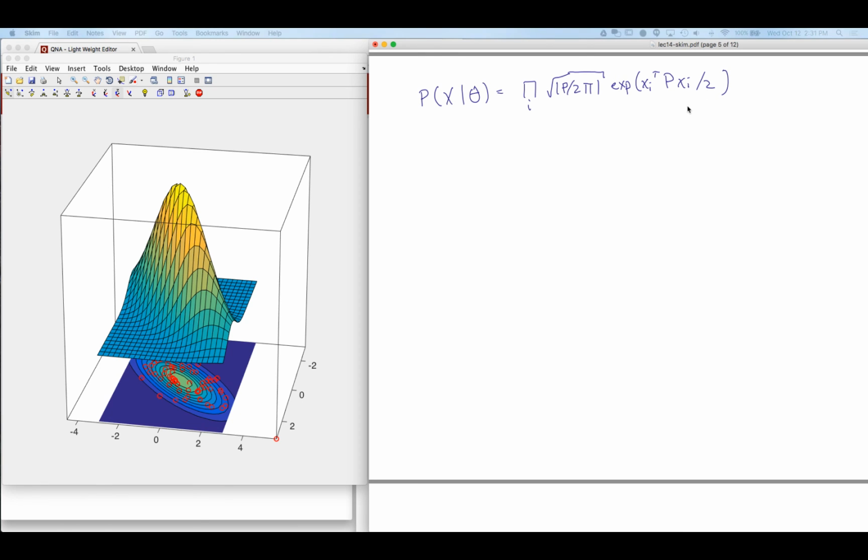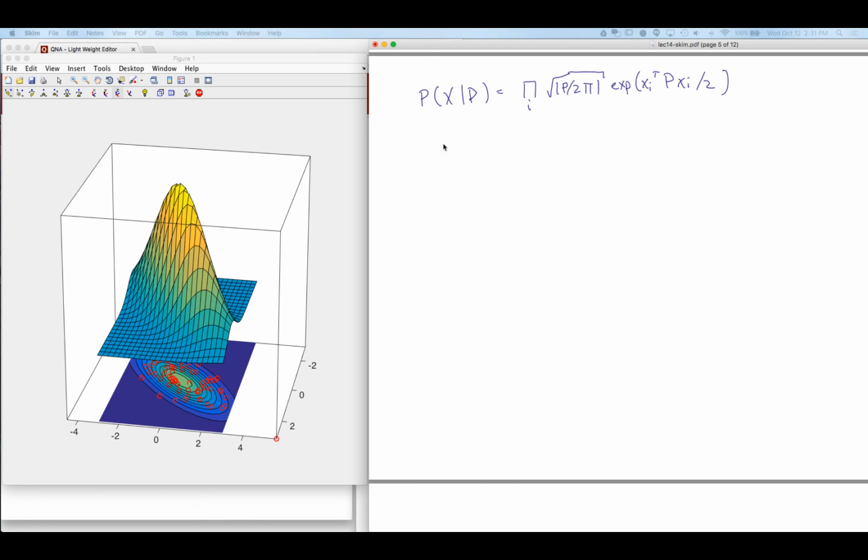And let's assume a uniform prior over a large region. I guess I should say as well that theta is just the inverse covariance P.